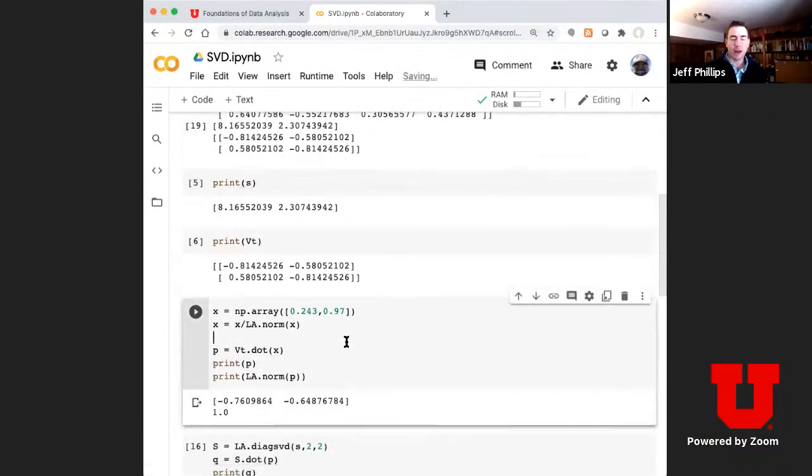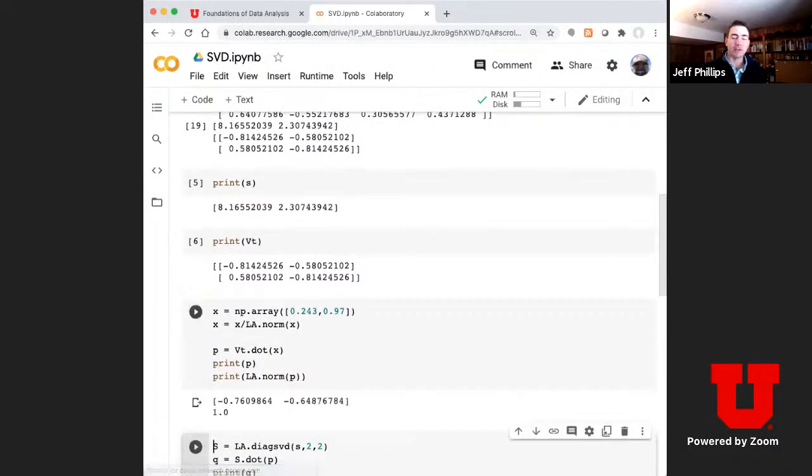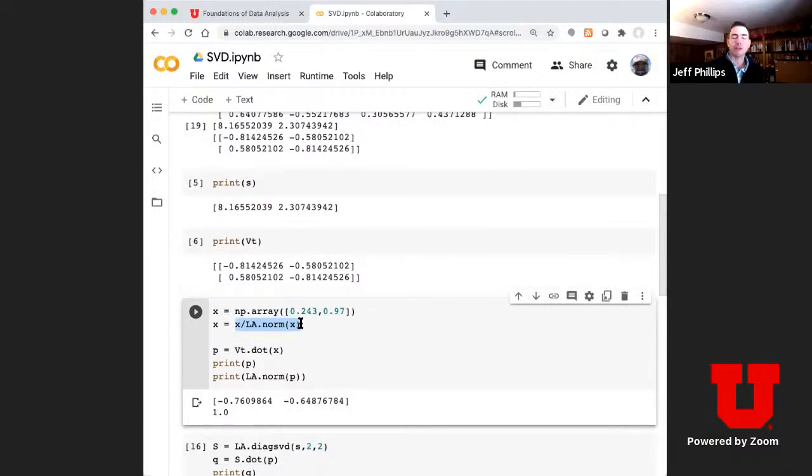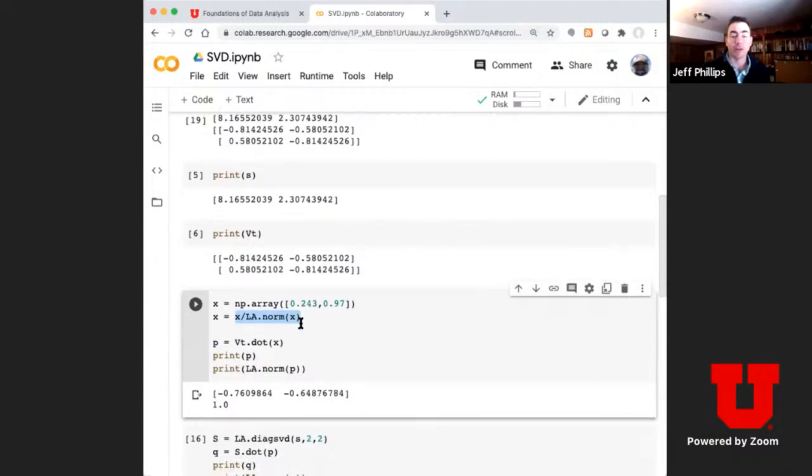Okay, and here is now my vector X. And I did a thing to force it to actually be normalized so we can check that the norm stays 1.